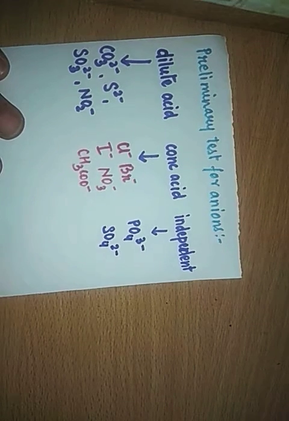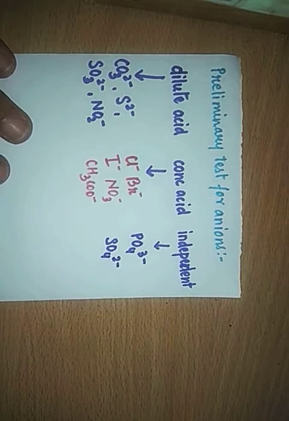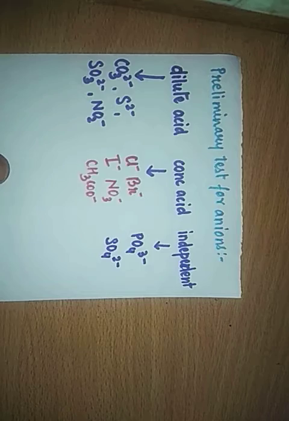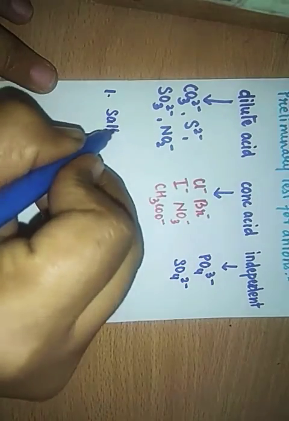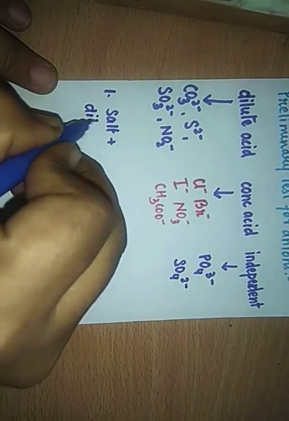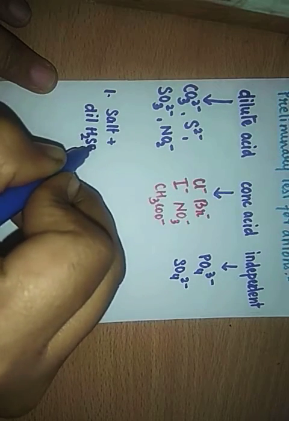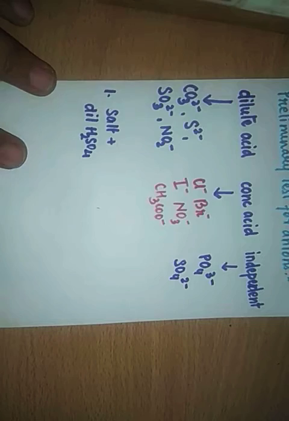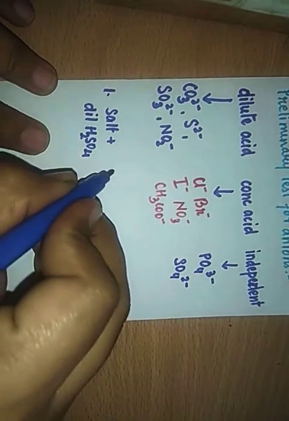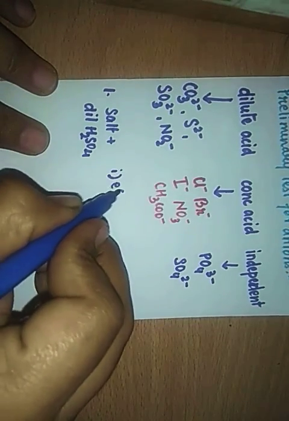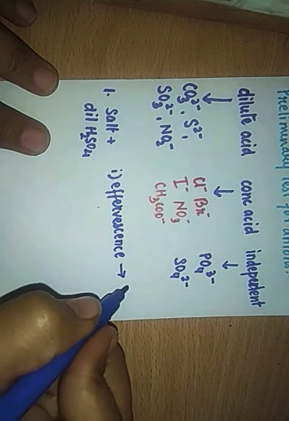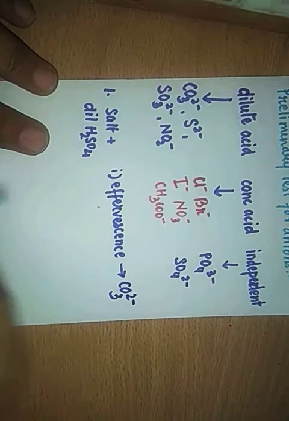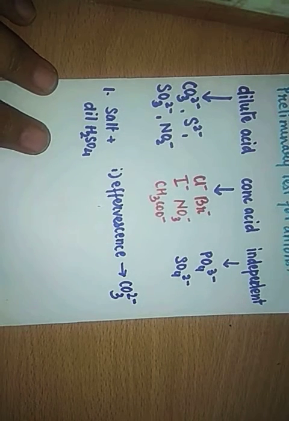So basically, we take the salt in a test tube and add dilute sulfuric acid. When we do this, we get some observations. If the observation is brisk effervescence, then the salt maybe has carbonate ion. We are doing a preliminary test, so we will do the confirmatory test after it.